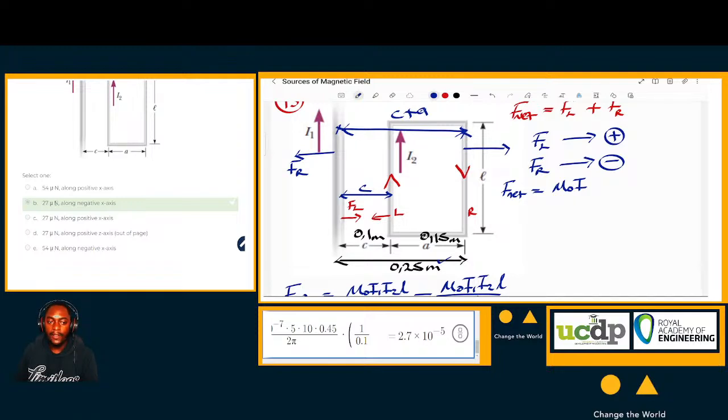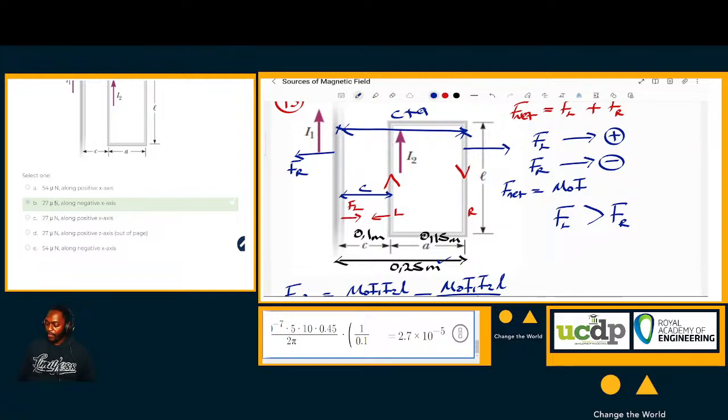Why? Because, if I'm to explain that in case you're wondering, the magnitude of FL is greater than the magnitude of FR.